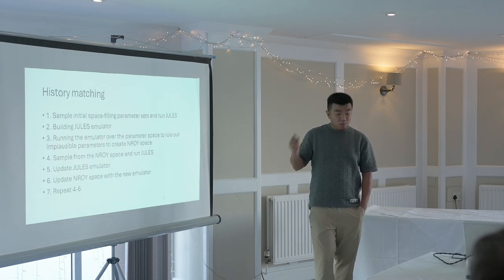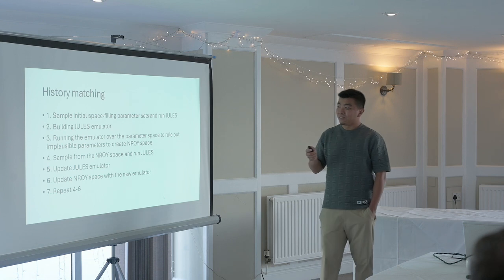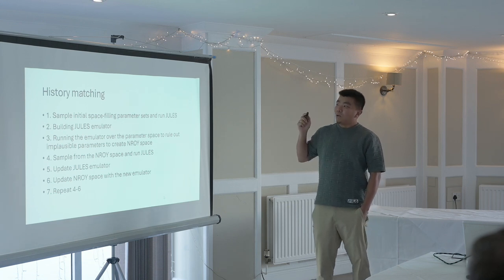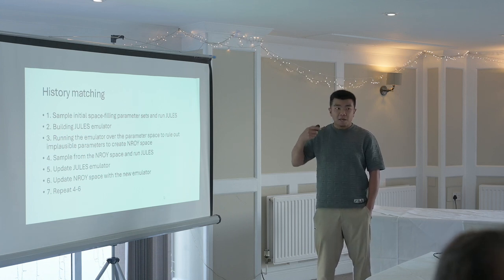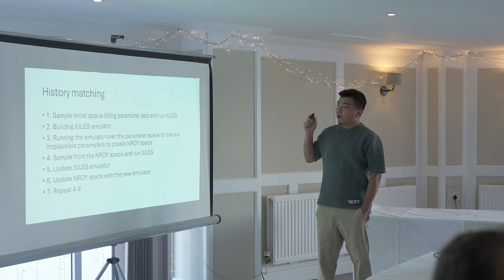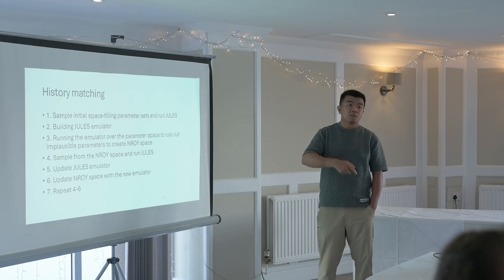A very simple version of history matching is: we first sample initial space-filling parameter sets and run JULES. Then we build a JULES emulator based on these runs. Then we run the emulators over the parameter space, because the emulator is very fast.